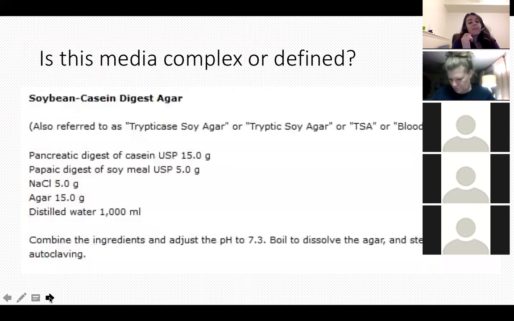Okay. So is this media complex or defined? So this is TSA agar. If you ever take 222, you'll probably use TSA at some point. So this is also complex. So what was the clue there for you that it was complex?